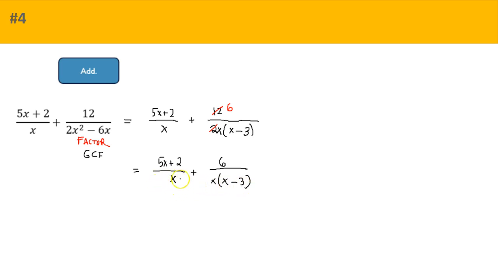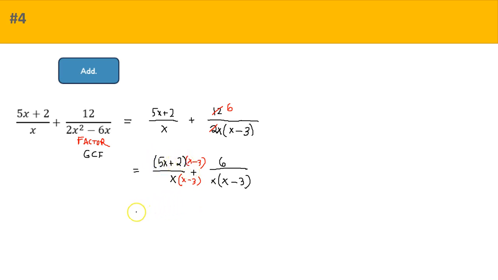So what we need to do is multiply x minus 3 to this, and then the denominators will both be exactly the same. So I'm going to multiply x minus 3 in the denominator here, but whatever you do on the bottom, you also have to do on the top. Okay, you just put parentheses around here.